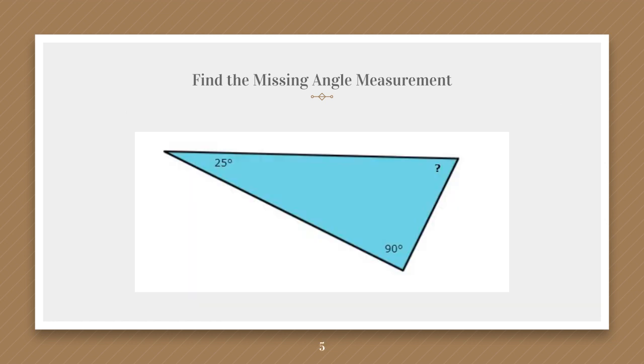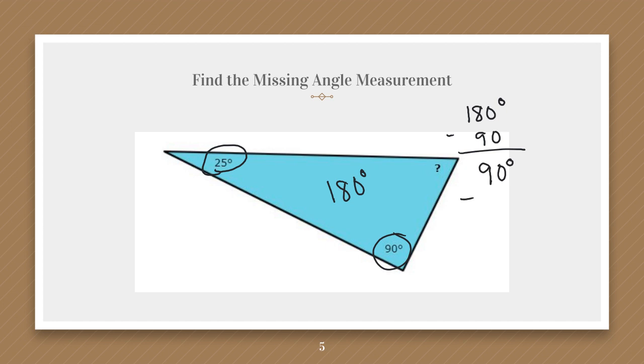Okay, so right now we have another example. I have angle measurements of 25 and 90 degrees. And remember that my total needs to be 180 degrees. So now I can do 180 degrees minus 90 degrees, which would be this angle here, and 180 minus 90 is 90 degrees.